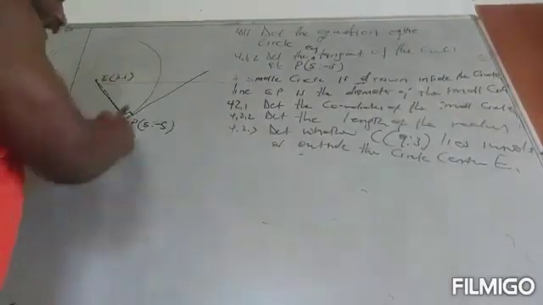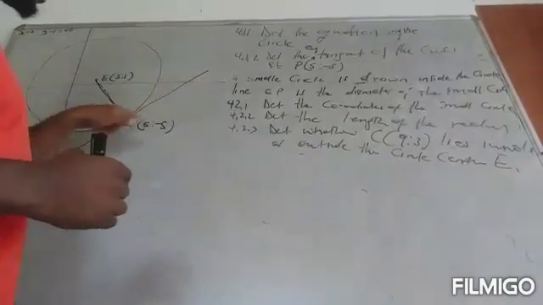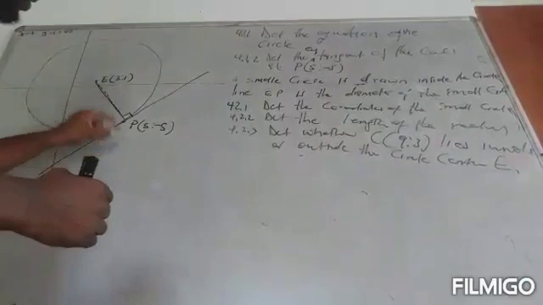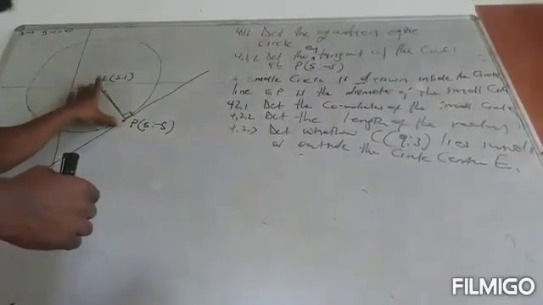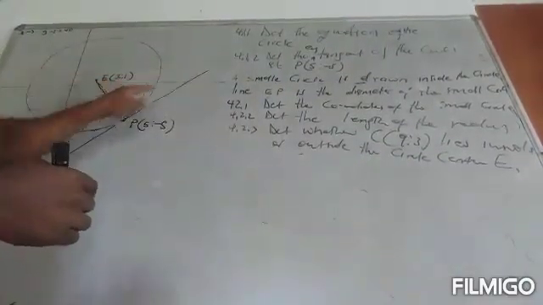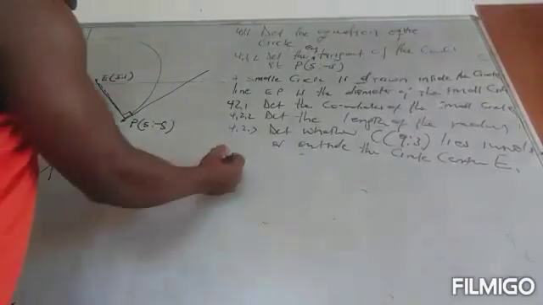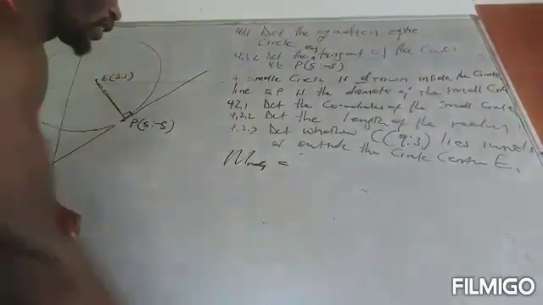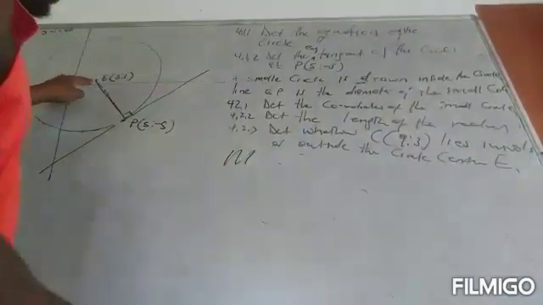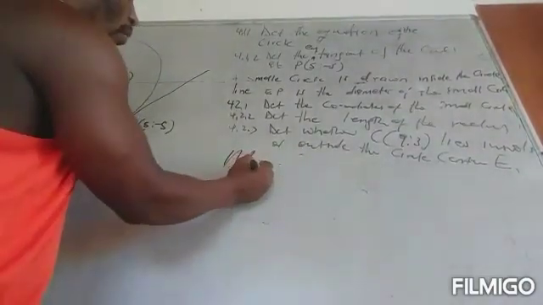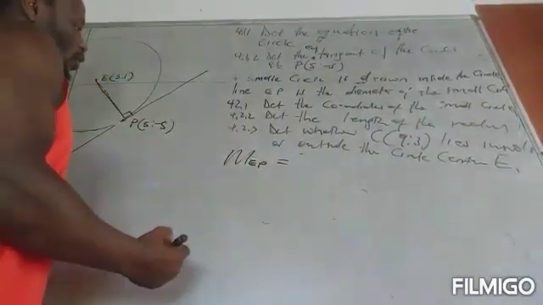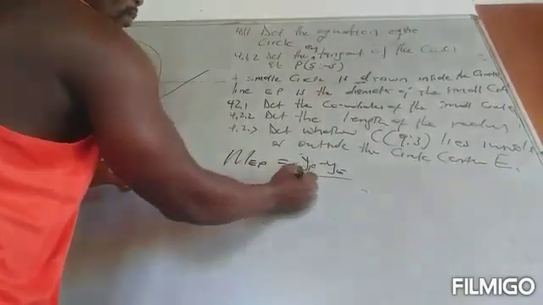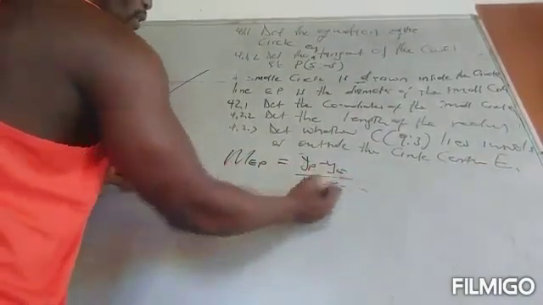So it will need a gradient. We cannot find the gradient with only one point, but since we know the relationship between a tangent and a radius, we can find the gradient of the radius, and then from it the gradient of the tangent. The gradient of the radius, which is the gradient of EP, is equal to yp minus ye divided by xp minus xe.